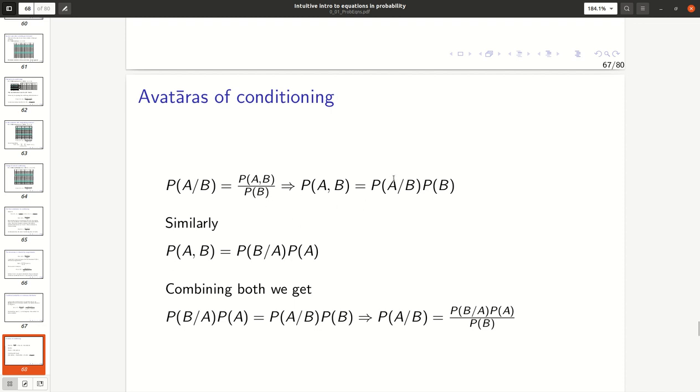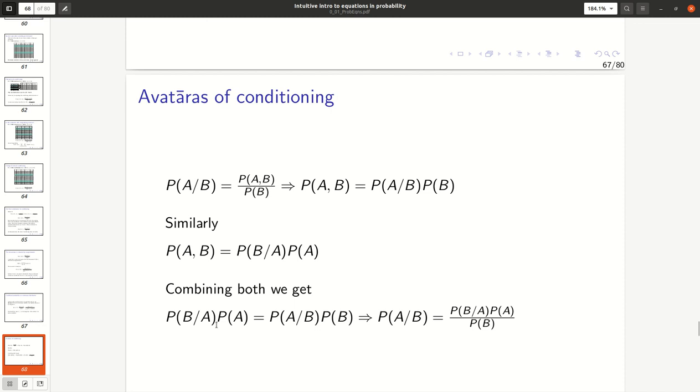And similarly, we can write P of AB in terms of conditioning on A also. So now combining this and this, both are different expressions for the same value, so we can equate them together.